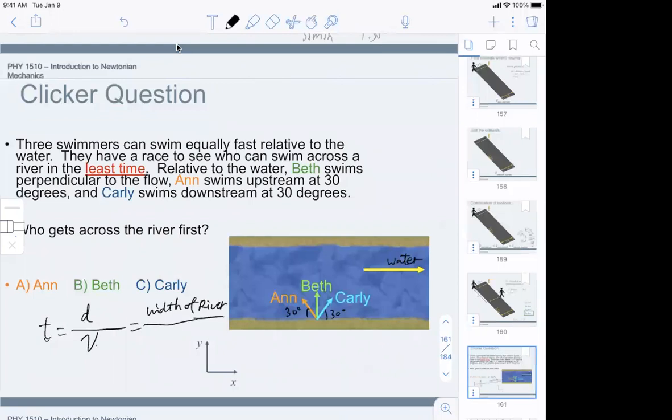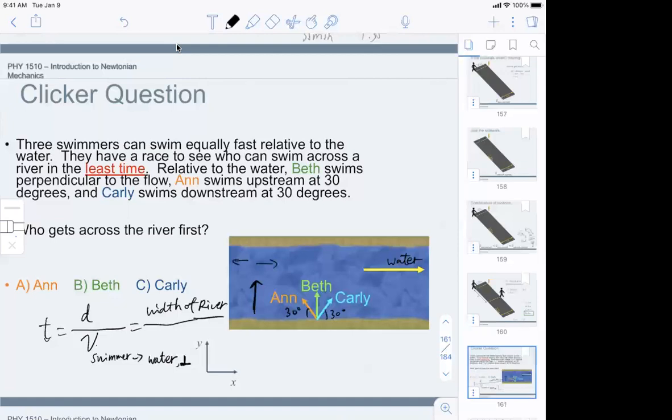Now the velocity would be the swimmer's velocity relative to water, in the direction of across. Only if your velocity is perpendicular, I'm going to add a little sign that says perpendicular, does it get you across the water.